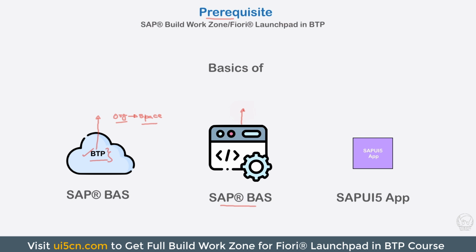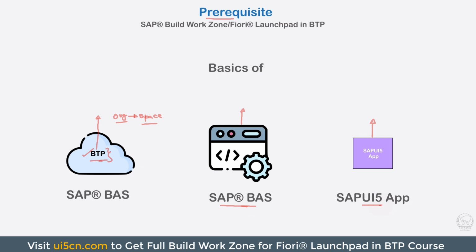Now, there should be some basic background of SAP UI5 also required. We will not be going into details of what the files of an SAP UI5 application are, or how to work with an SAP UI5 application, because most of this course is going to revolve around configuration within your SAP BTP and SAP BAS, and there will be less SAP UI5 development which we will do.